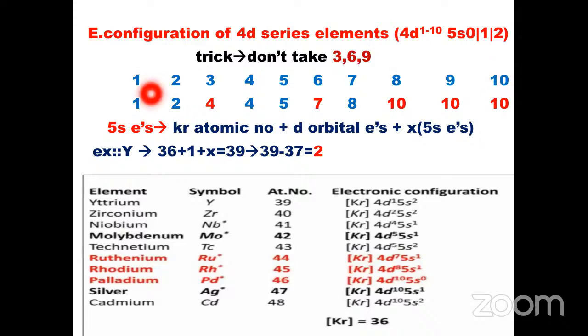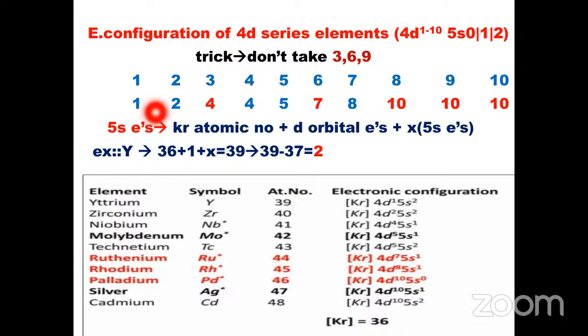Then while you are writing the electrons, you don't take 3, 6 and 9. Same, you will write 1, 2. So don't take 3. Next number is 4. So write the 4. Next goes to 5. 5 is unchanged. Okay. So 5. Next, don't take 6. So 7. After that 8 and 9 is completed. Next, don't take 9. So after the 8, 10, and 10 you will take.